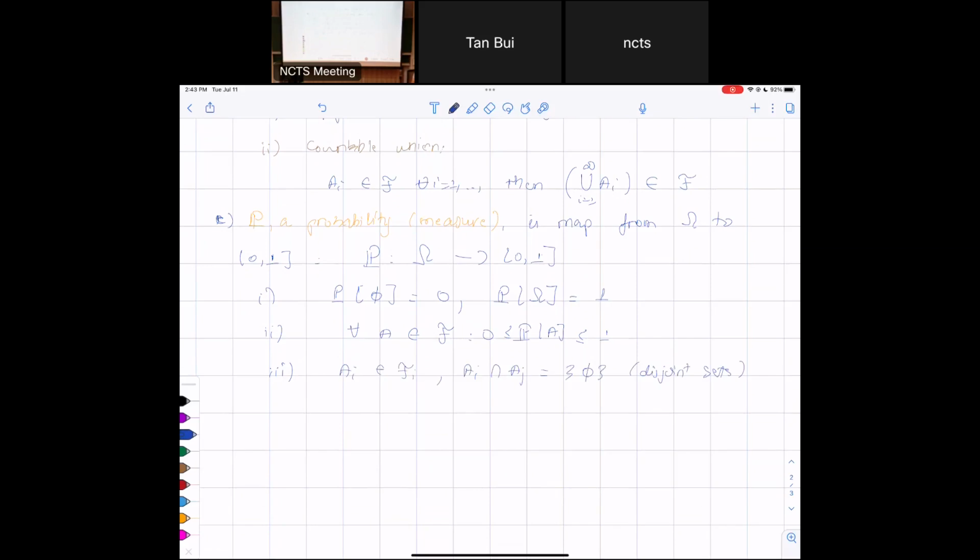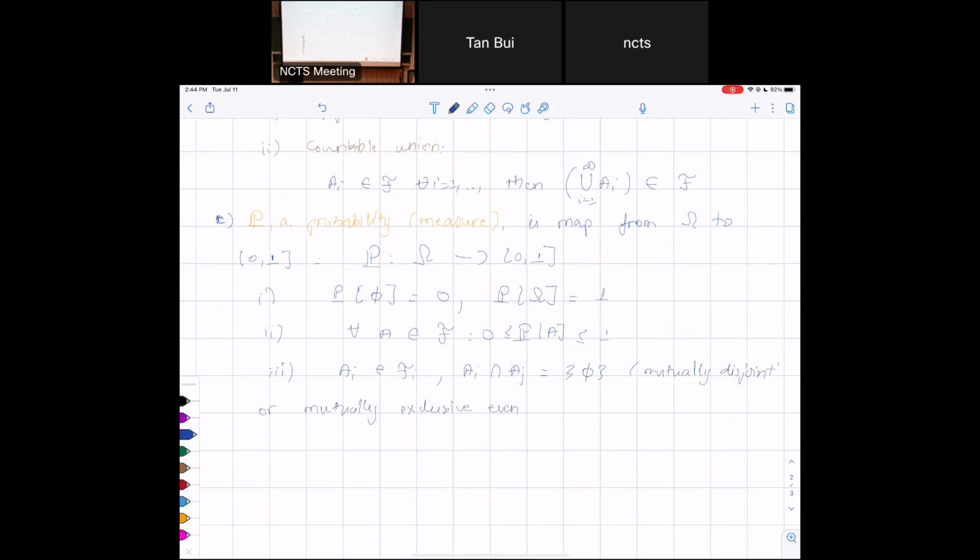This is also called pairwise disjoint, or mutually disjoint, or mutually exclusive events.